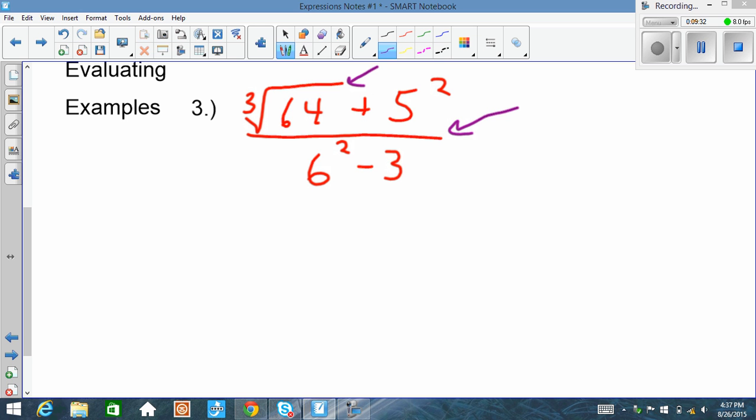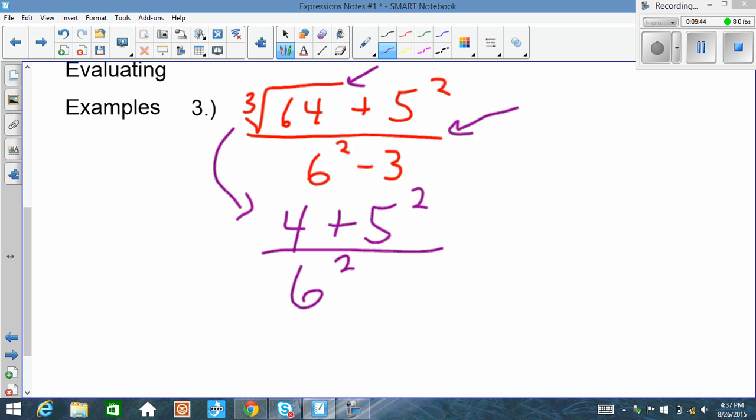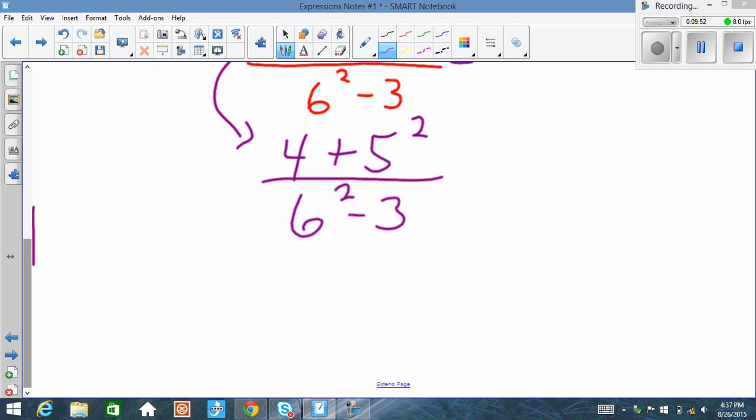So we would say the cube root of 64, what number times itself 3 times? 4. 4 times 4 times 4 is 64. Plus 5 squared all over 6 squared minus the 3. So then we would continue on there with the problem, and we see that the next logical step would be either the numerator or denominator with powers.